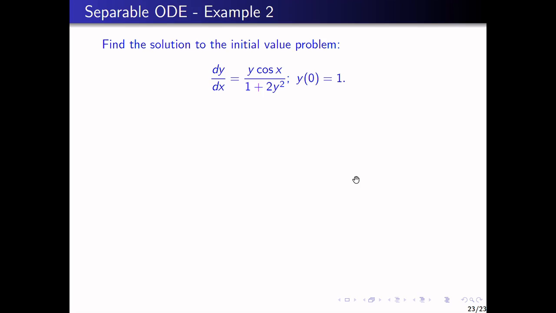Find the solution of the initial value problem dy by dx is equal to y times cos x divided by 1 plus 2y square, and the initial condition is y of 0 is equal to 1.